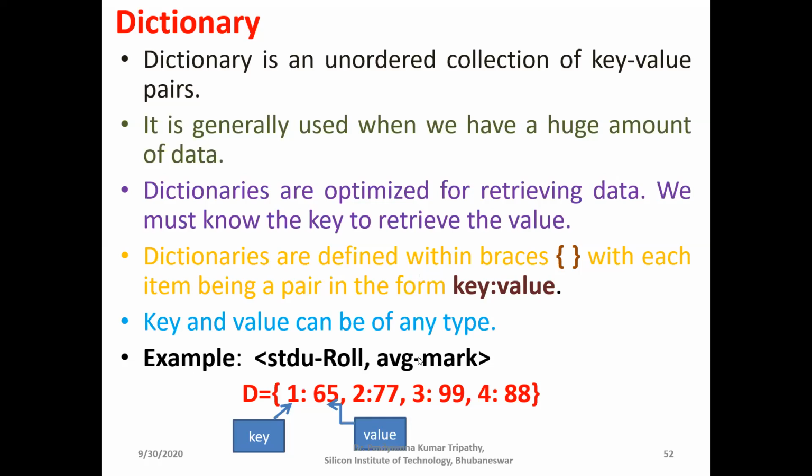For example, roll number and mark. I will take roll number as key and mark as the value. So roll number 1, 65; roll number 2, 77; roll number 3, 99; roll number 4, 88. So the first one is the key and the second one is the value. Correct?